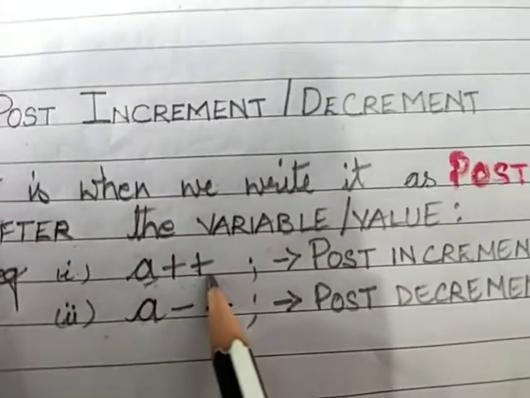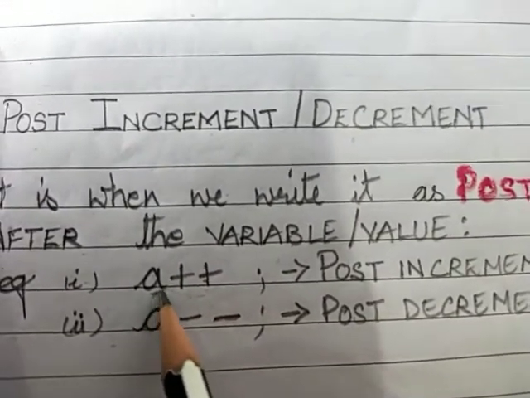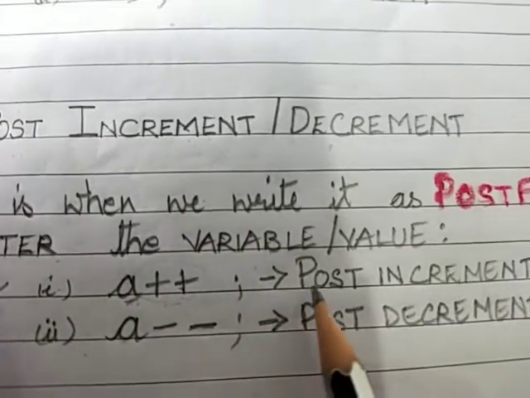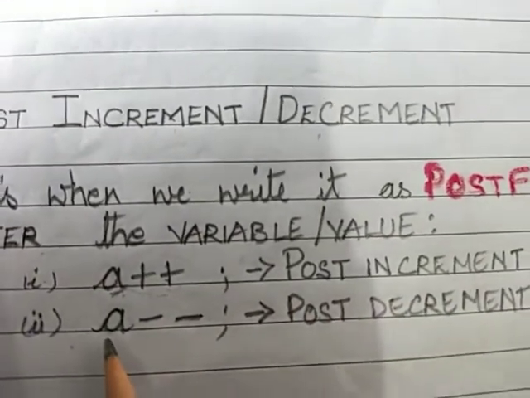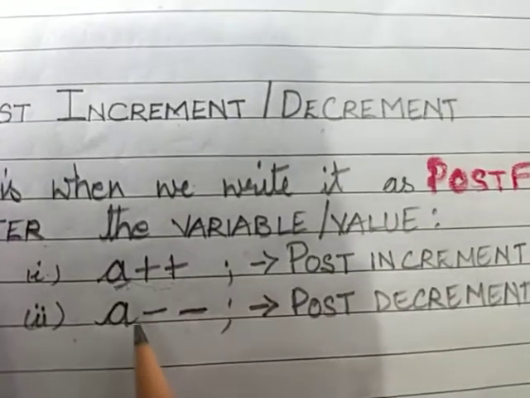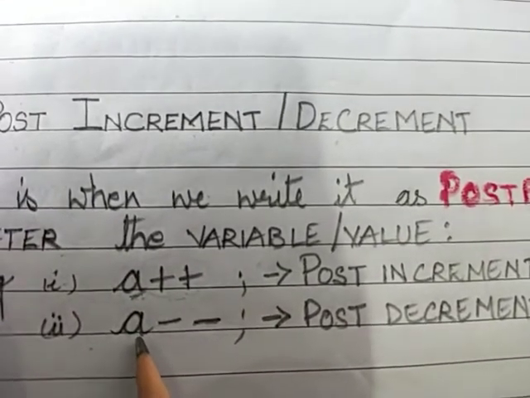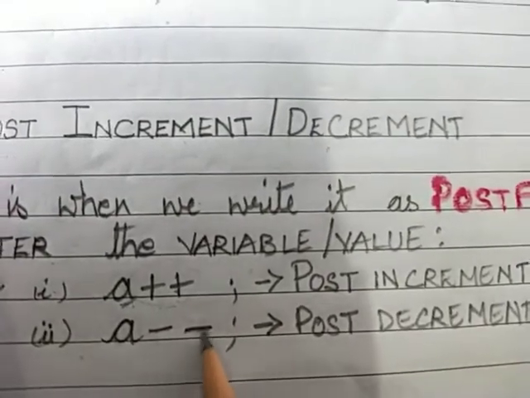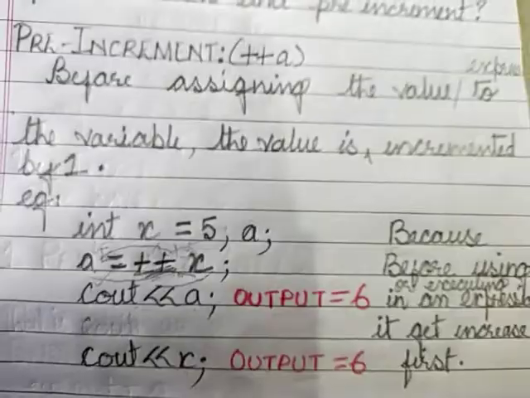This ++ I wrote after the variable a. Therefore, a++ is known as post-increment. And the second one, a--, I wrote -- after the variable a. Therefore, a-- is known as post-decrement.